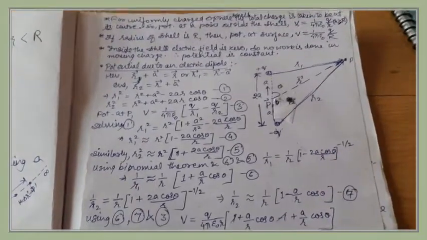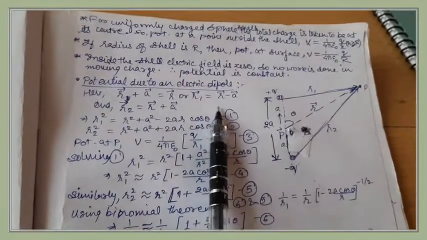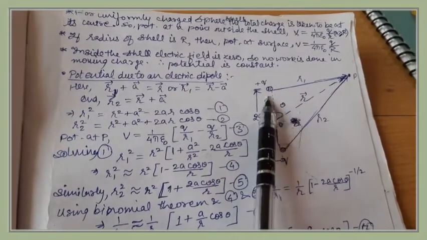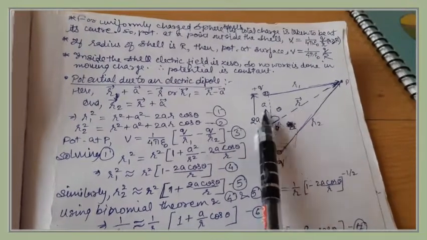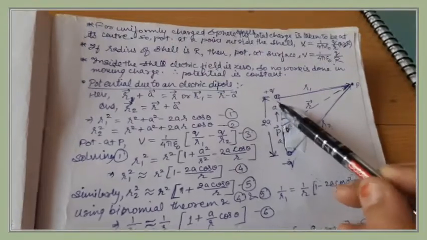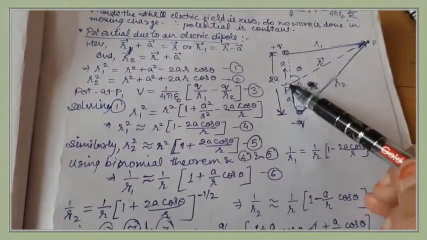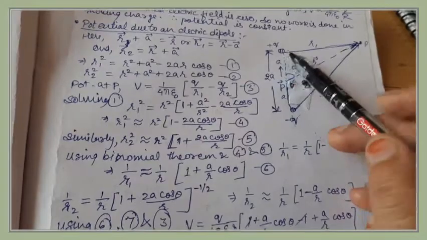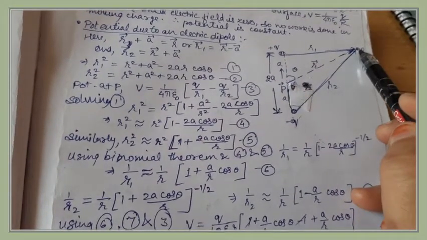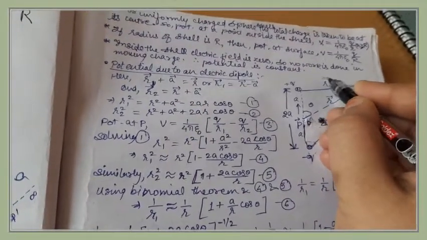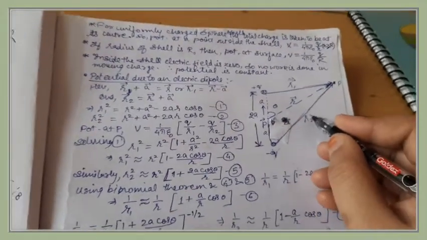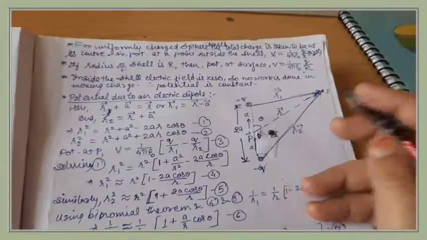Now from the geometry of the diagram, you can see the triangle of vector addition. You see that the direction of vector a is from negative to positive charge. So in the first triangle that we consider, vector a and vector r1 are along the same direction or cyclic order, while vector r is in the opposite order.